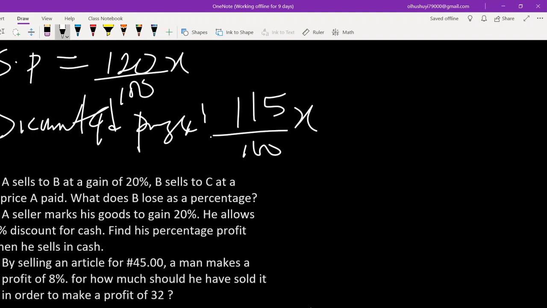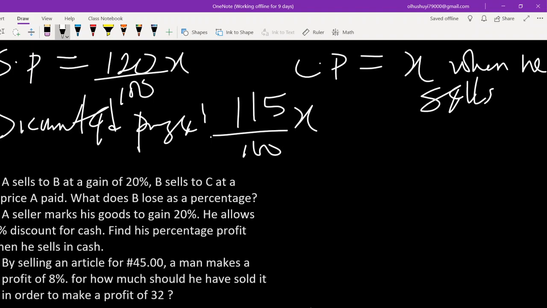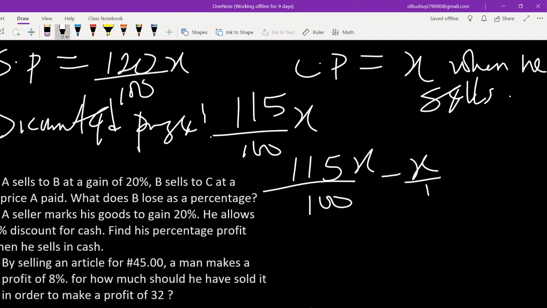That is the discounted price. Now we should find the percentage profit when it sells in cash. So when it sells, the cost price will be equal to x. So what would that be? 115x upon 100 minus x over 1, which is 100.